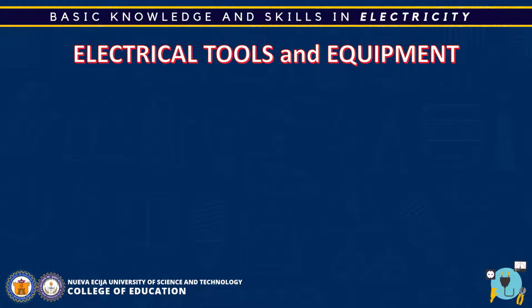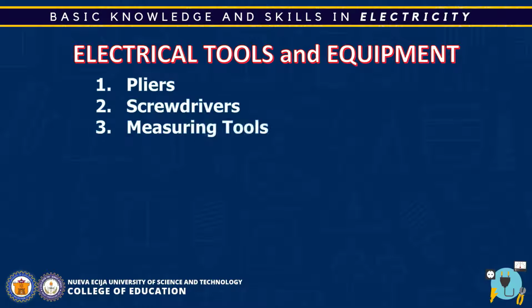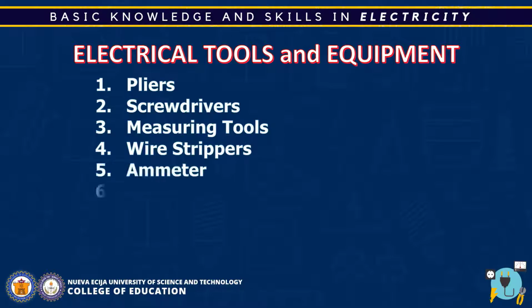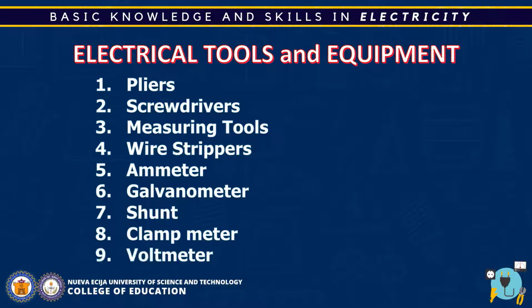Electrical work cannot be done without the right tools and equipment. As the basic tools and instruments have been improved over the years, new specialized tools and instruments have been developed. Here are some of the basic tools and equipment in electricity. We have pliers, screwdrivers, measuring tools, wire strippers, ammeter, galvanometer, shunt, clamp meter, and voltmeter.